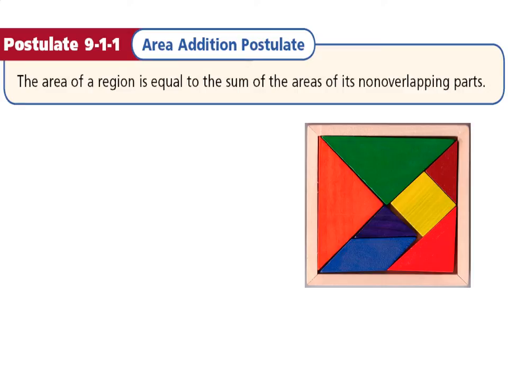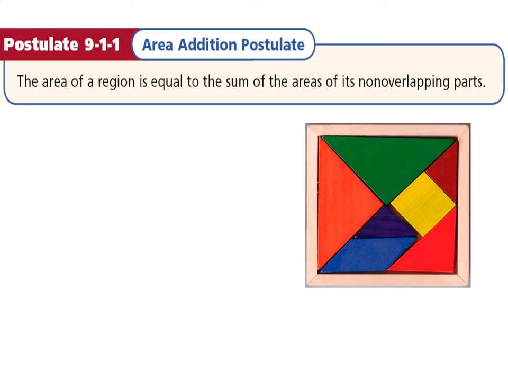The area addition postulate just says that the area of any region is equal to the sum of the areas of its non-overlapping parts. So if you want to find the area of this complete square that the tangram is forming, if you knew the area of the little triangle, the medium triangle, another little one, the square and the parallelogram, add it all together and you get the area of the whole thing.